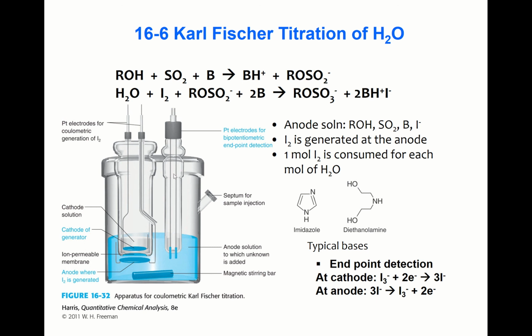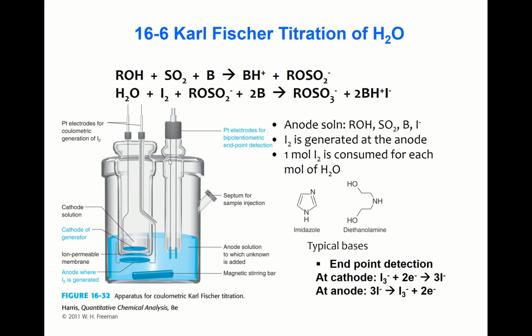Okay, you understand? Like in coulometry, right? In coulometry, there are two sets of electrodes. One is to generate some species, and the other one is to determine the end point here.